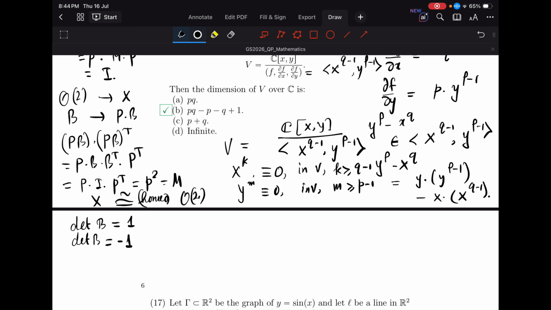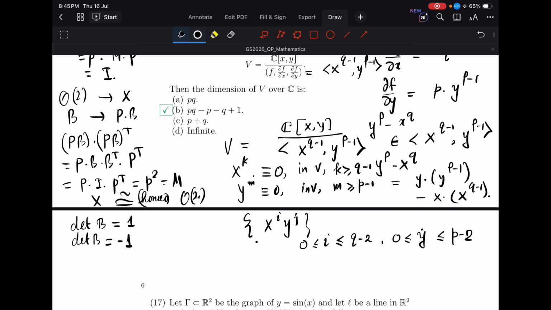That means the basis vectors for this vector space are x to the power i, y to the power j, where i is between 0 and q minus 2 and j is between 0 and p minus 2.